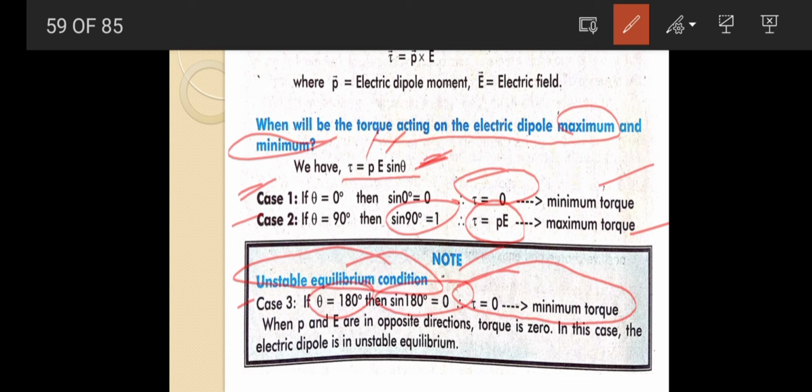But the difference is that when the angle is 180 degrees, P and E are in opposite directions. Torque is 0 in this case also, but the electric dipole is in unstable equilibrium. In case 1 it is in stable equilibrium, but in case 3 it is in unstable equilibrium.